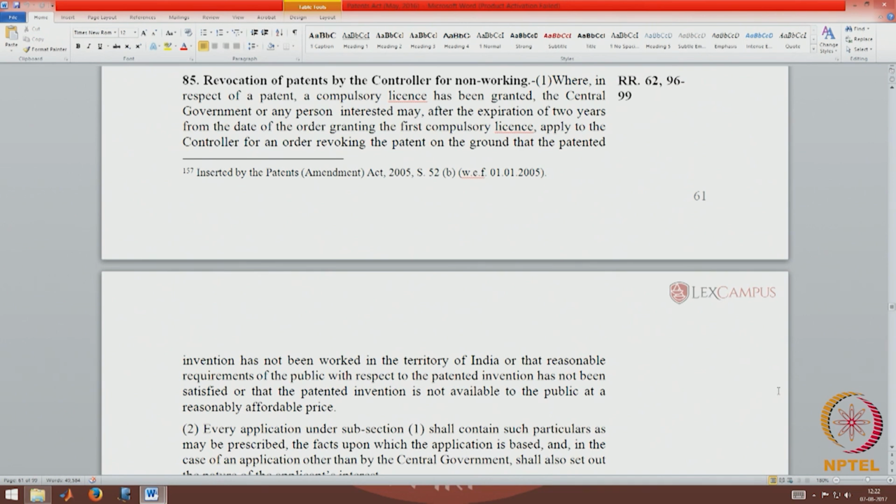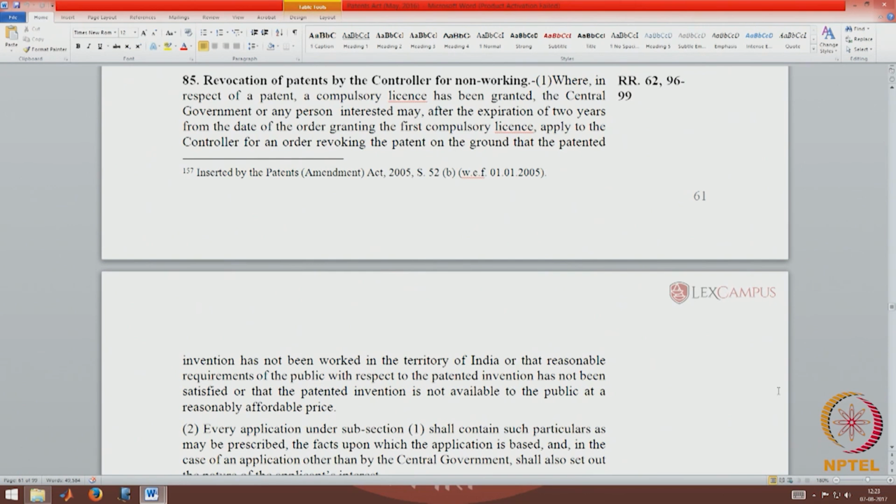So, the patent was granted and after 3 years a compulsory license was applied for and granted, and still, 2 years after the grant of the compulsory license, the patent was not worked, the reasonable requirements of the public were not satisfied, and it was not available to the public at an affordable price.